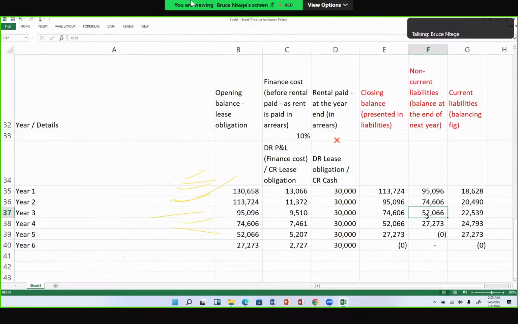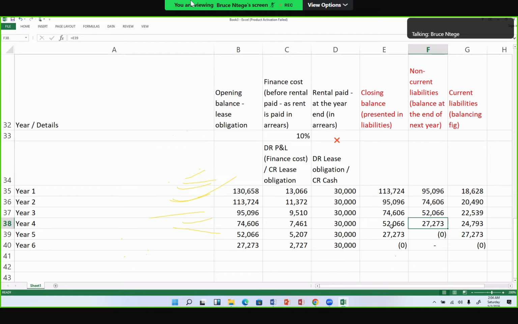And you'll see that that's the same application in year 3, whereby the 52,096 non-current liability is the figure that will be closing as unsettled or as a balance in the next year 4. And the difference is now the current liability, 22,529. And that basically ends year 3.